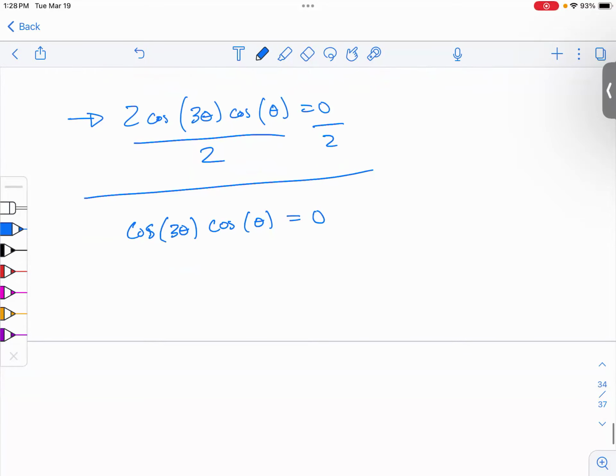And then once again, this is also why sum to product immediately came to my mind, because I have cosine of a function times cosine of a function equals 0.